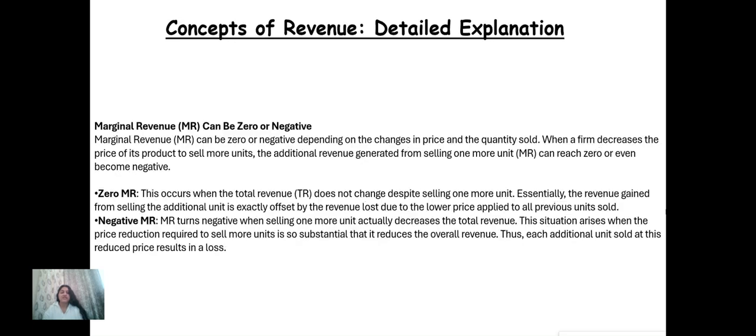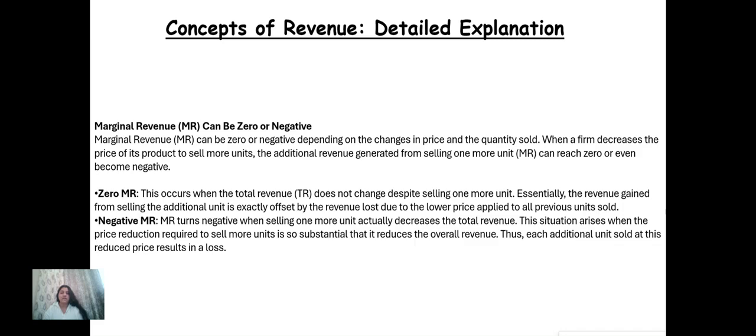Next one is concepts of revenue. Let's start with marginal revenue, which can be written as MR in short form. It can be negative or zero. Firstly, marginal revenue is the change in revenue from changes in price and quantity sold.